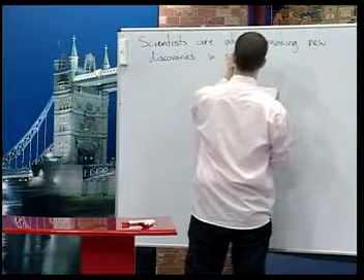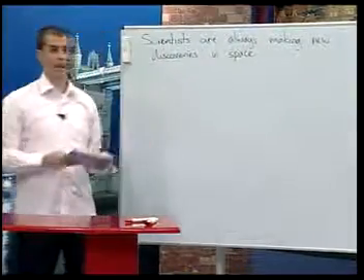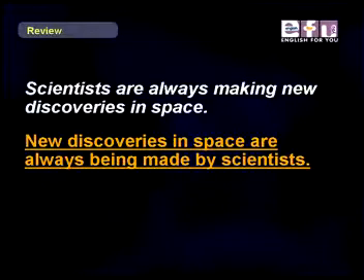So that's the active sentence. You change it to the passive. Okay, it's not hard. New discoveries in space are always being made by scientists. Good. New discoveries in space are always being made by scientists.